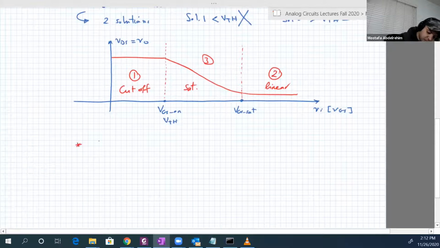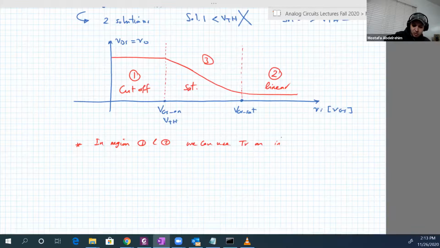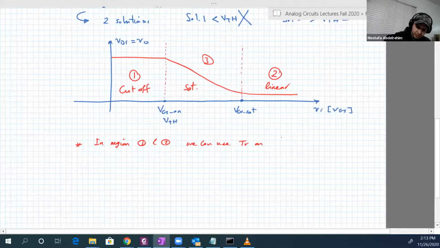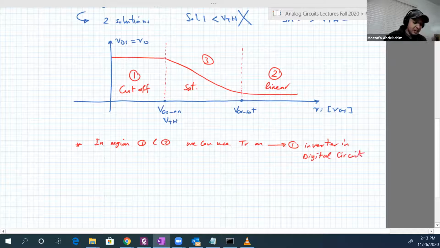In regions 1 and 2, we can use the transistor as an inverter. So basically it has two applications. Number 1, as an inverter in digital circuits. And why?